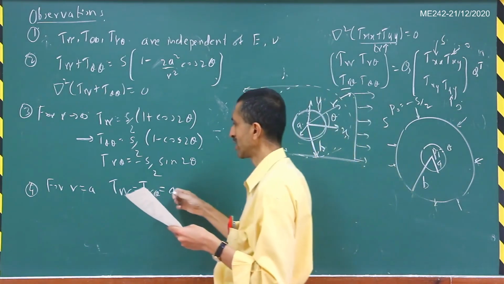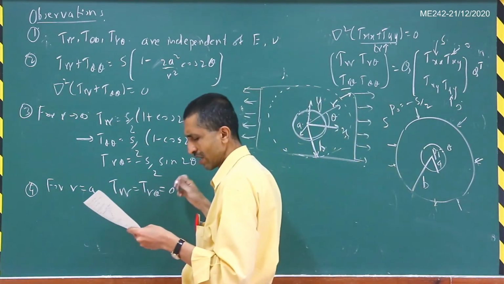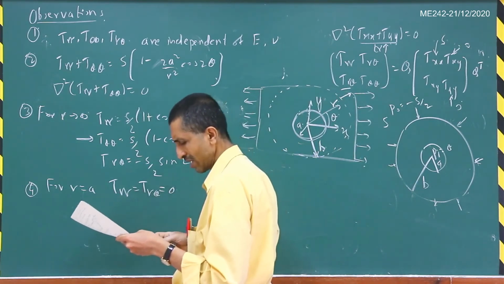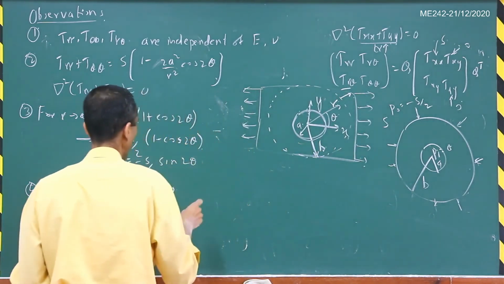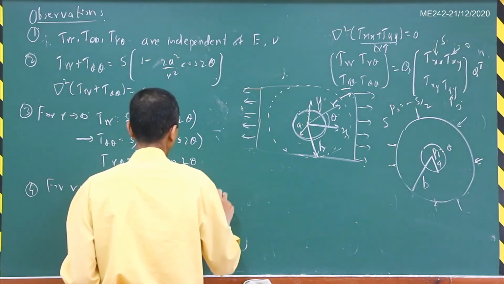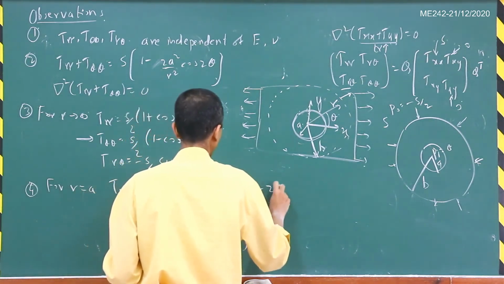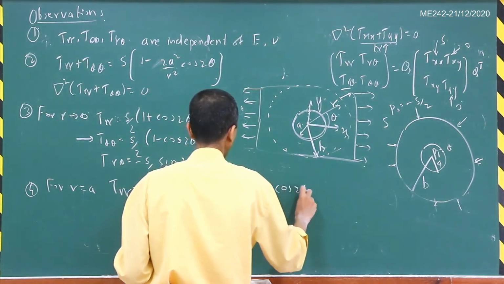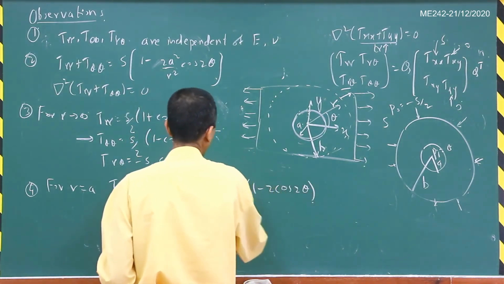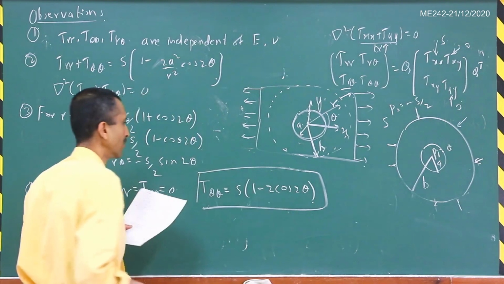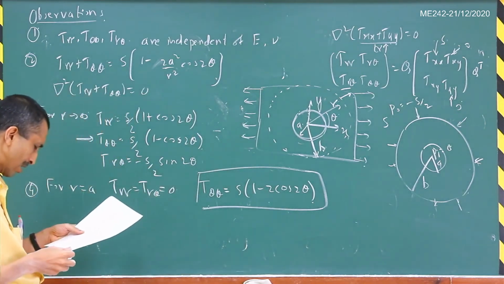So again, this is just a boundary condition that we have applied, but the important thing here is the tau theta theta, right? So then what we get now is that tau theta theta is equal to S times 1 minus 2 cos of 2 theta. Okay, so this is the important result now that has come out of this whole analysis here.